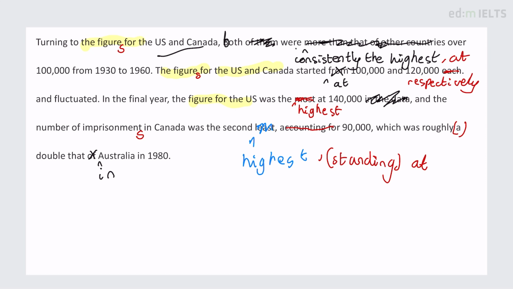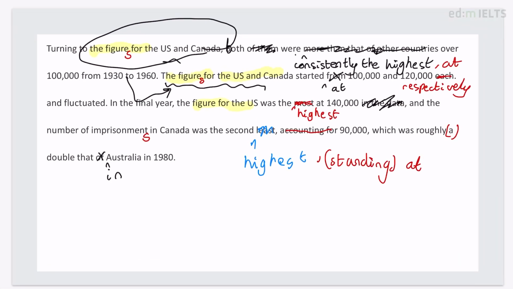You want to read it and it's going to be really nice and neat. And sometimes that's just as simple as using pronouns. So instead of the figures for the US and Canada, I might say they, or the numbers for those two countries or something like that. There is a lot of overuse.